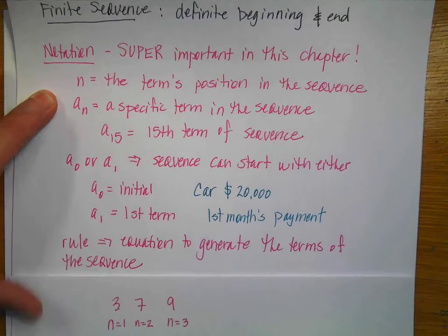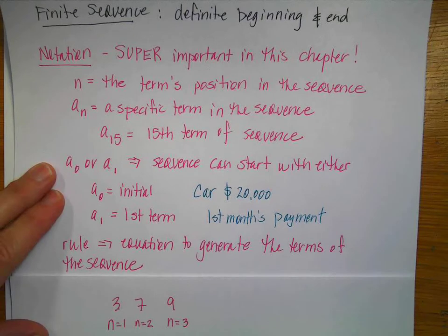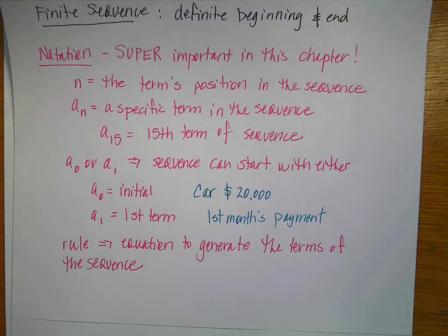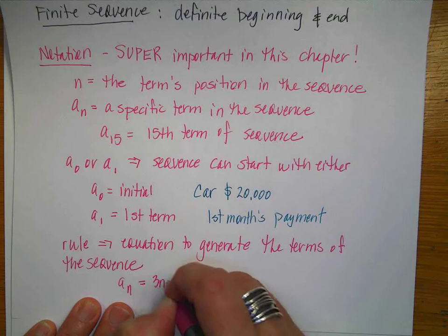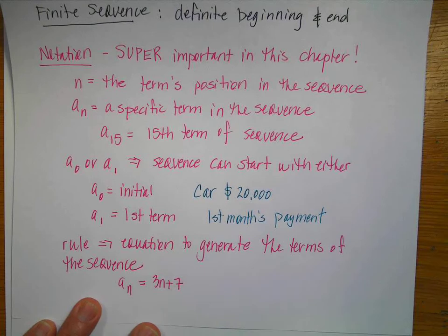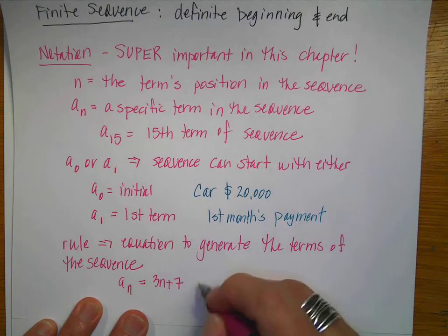A rule, you'll see this word a lot. They will say find a rule. A rule is an equation to generate the individual terms of the sequence. For example, I might have a sub n is equal to 3n plus 7, and I would generate all of the terms of the sequence using this.